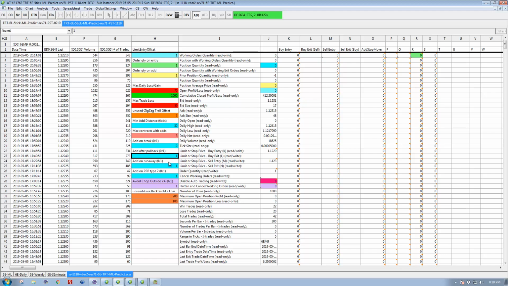This is add after a pullback. Add on a runaway is related to the speed of the market. So if we see 3 bars in a row where the average speed is increasing, the total average of the wave speed, the average speed of the bar for that wave is increasing.